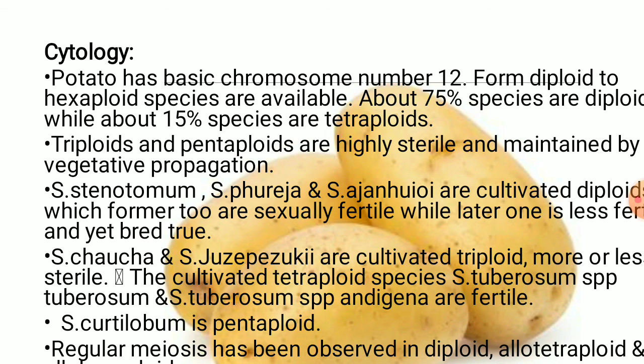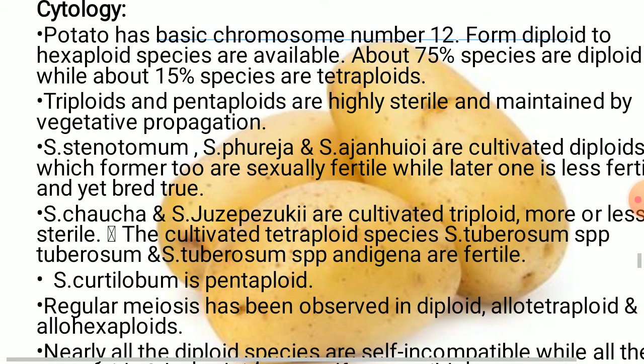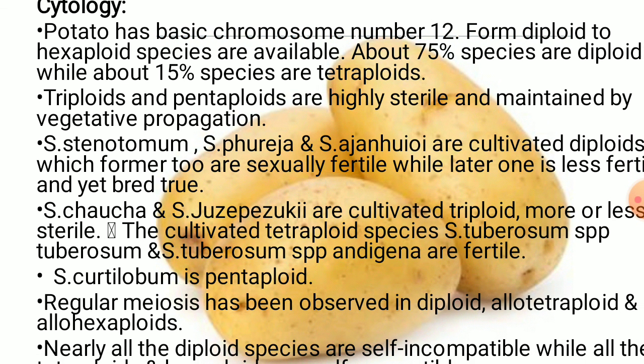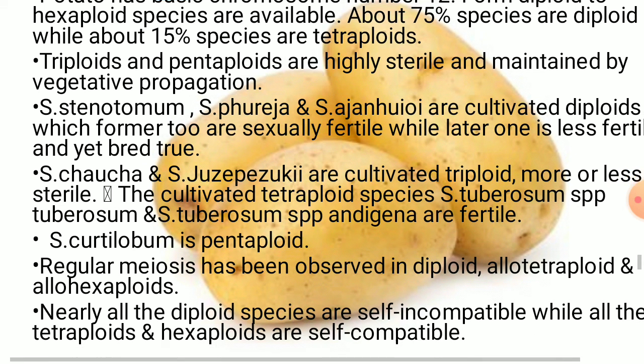The basic chromosome number of potato is 12. 75% species are diploid while 15% are tetraploid. So triploid and pentaploid species of potato are highly sterile in nature, maintained by vegetative propagation. All the diploid species of potato are self-incompatible in nature, while all the tetraploid and hexaploid species are self-compatible in nature.